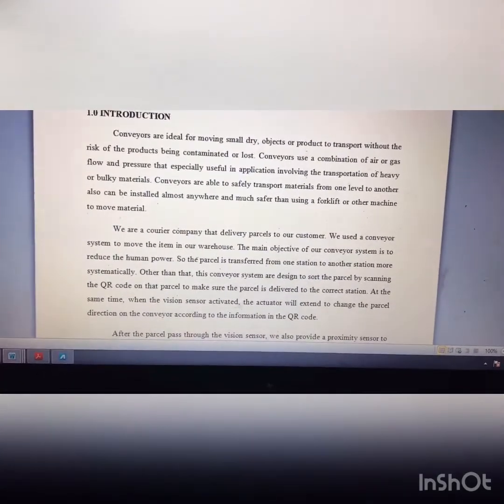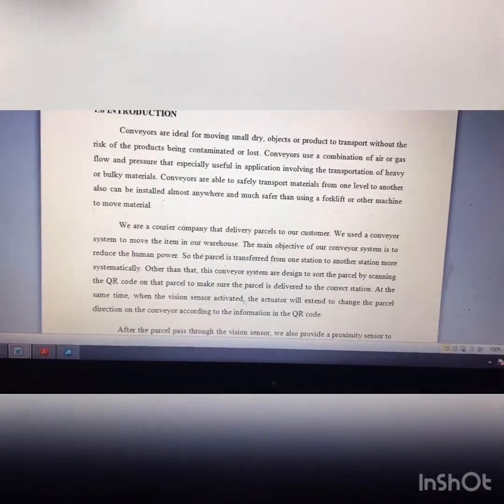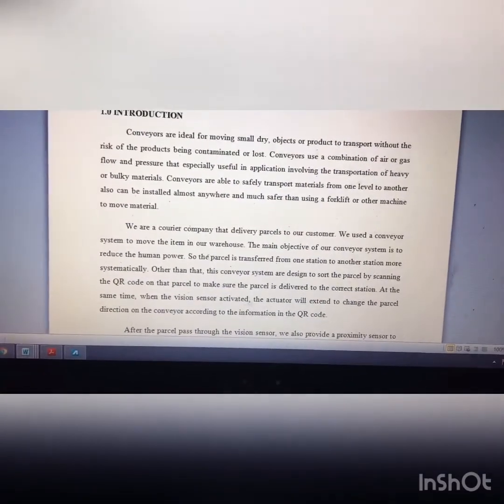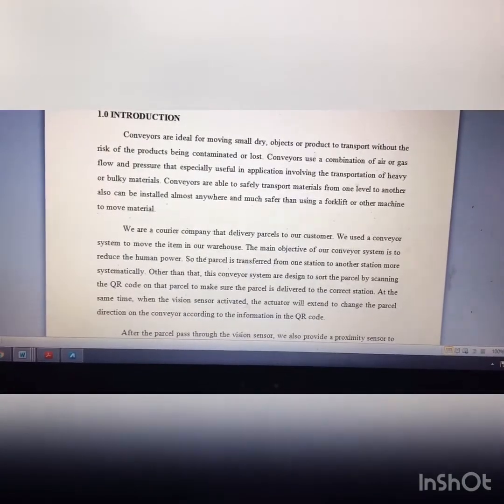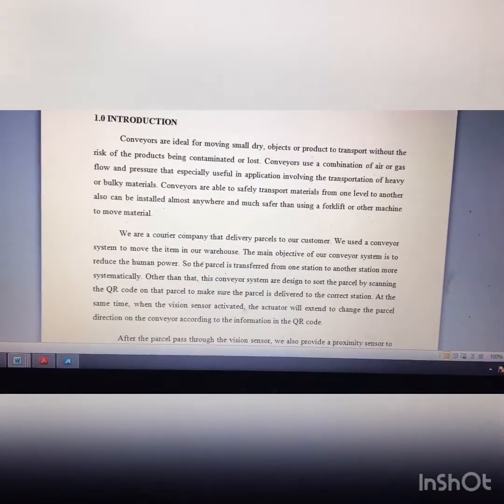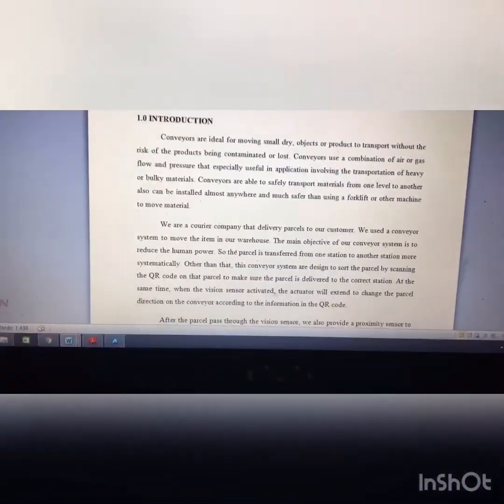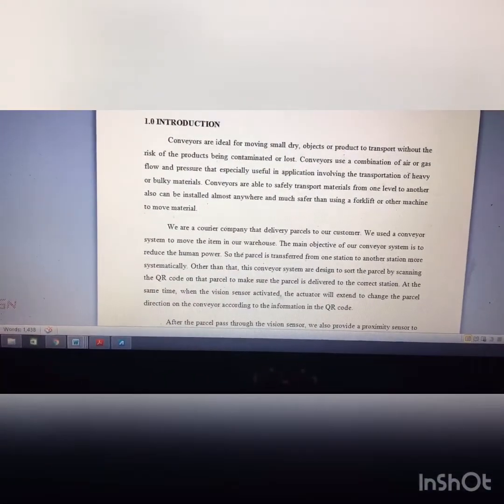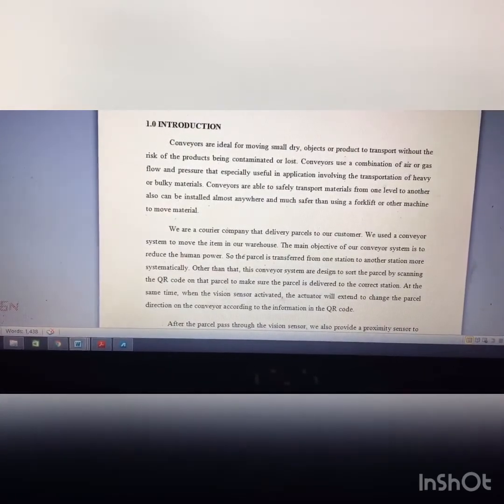We all know that conveyors use a combination of air gas flow and pressure, which is useful in applications involving the transportation of heavy or bulky materials. Our group is a courier company that delivers parcels to our customers.